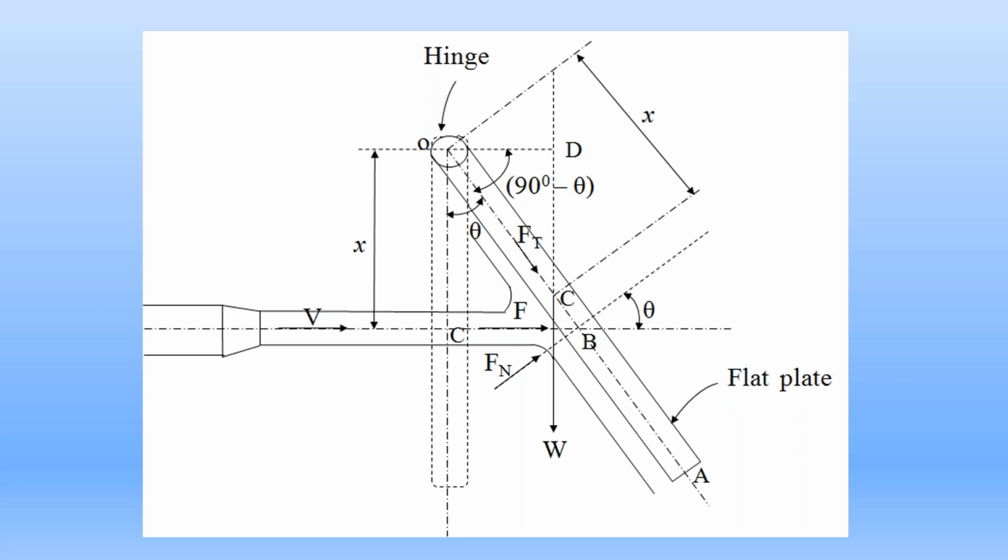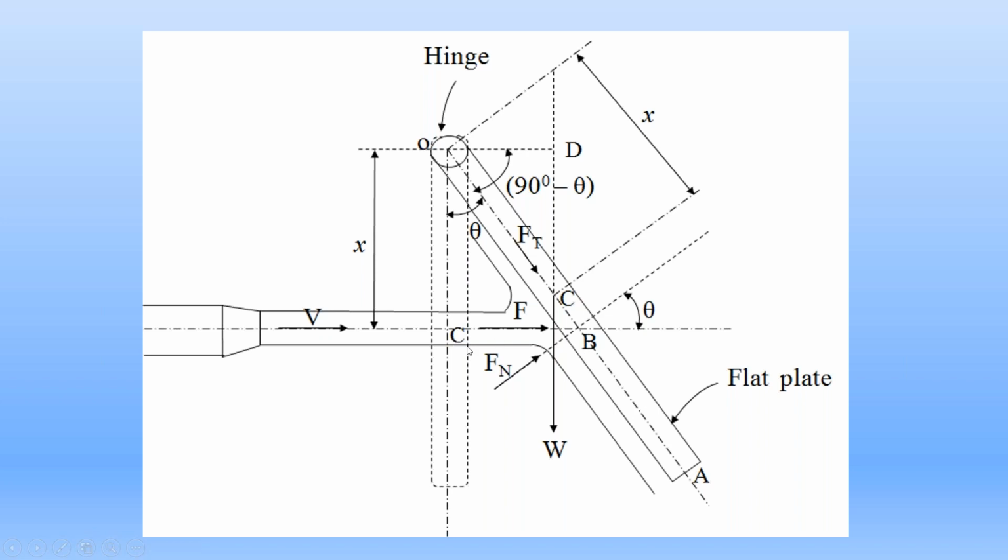Rho is the density of water, a is the area of the water jet, v is the velocity of the water jet. So here also the metal plate is a stationary, flat, vertical plate. When the water jet strikes it, the jet applies a force F on the plate.